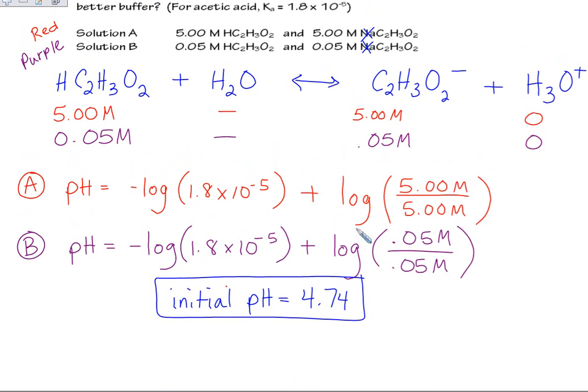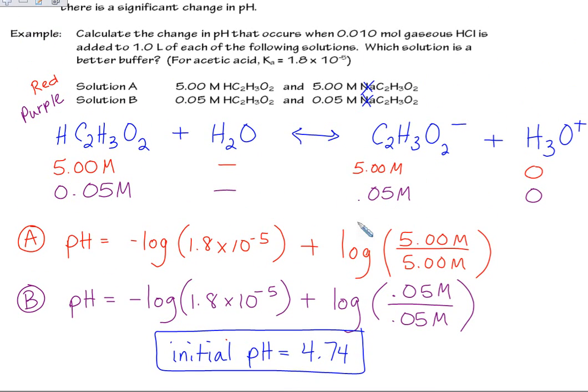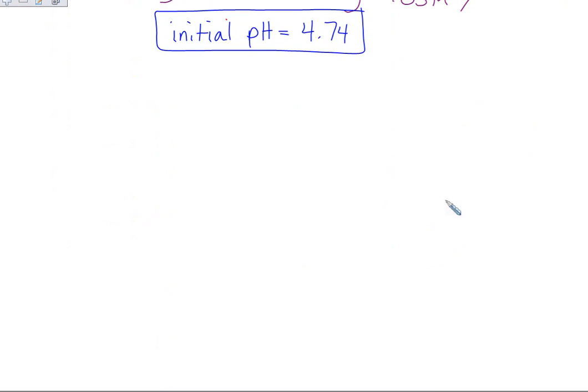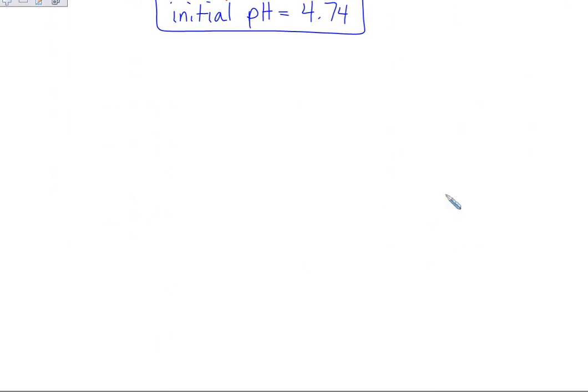We are adding, what do we got? 0.01 moles of gaseous HCl to a liter of each solution. Okay. So here we go. If we're adding the HCl, I want to start with definitely the hydrogen ion as a reactant. And if you wanted to, you could kind of think, well, here's all the particles in the solution.